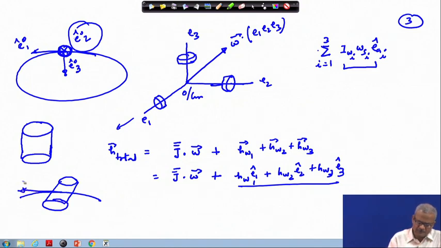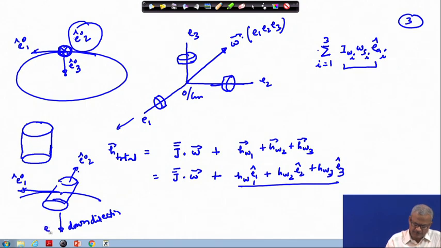This is your EO 1 direction, and along this direction E cap O 2 is coming out, vertical, and toward the center of the earth it will be shown down. This is the down direction, EO 3 cap.